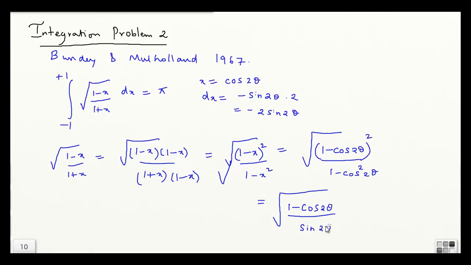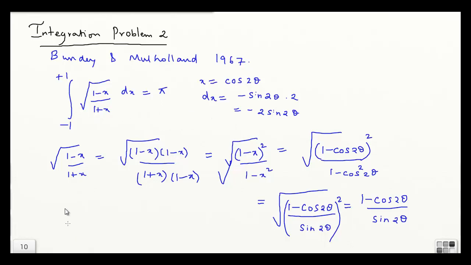Applying the square root, it nicely simplifies to (1 minus cos 2 theta) divided by sine 2 theta. So we've taken care of the square root, and we've taken care of dx.